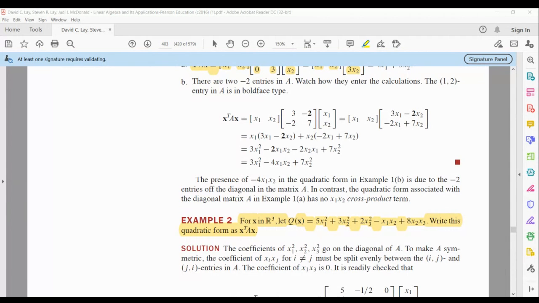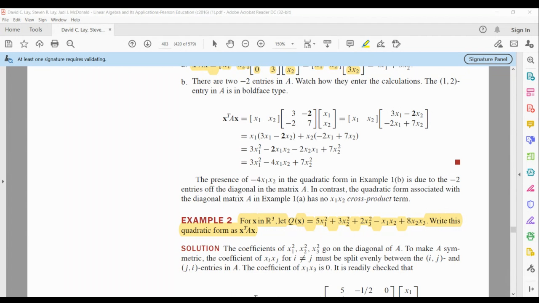What cross product term don't you see? That's right, Eleni, x1, x3. Very good. Good discussion here, good participation. What number is in front of x1, x3? That's right, Eleni, it is 0.